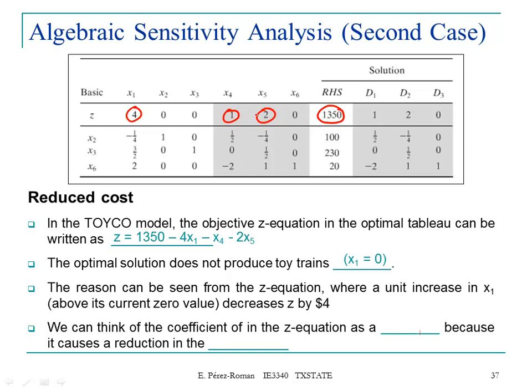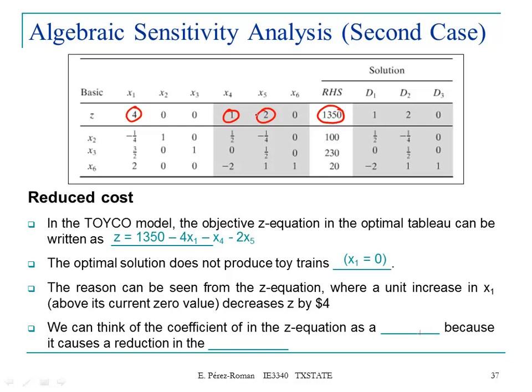So the optimal solution does not produce toy trains. And that's why for x1 we get a value of 0. Remember, x1 was for trains. So in your optimal solution, you don't get a value for x1, but you get x2 equals 100, x3 equals 210.